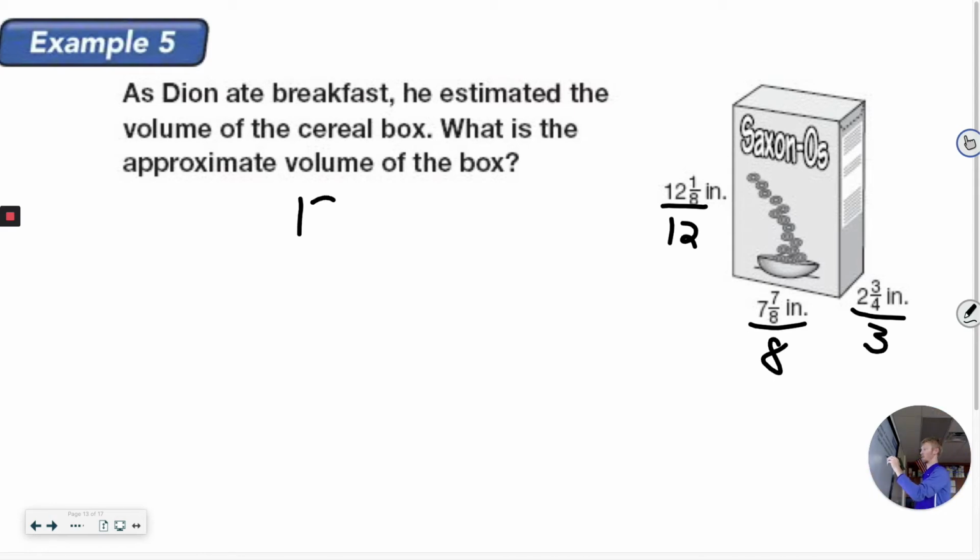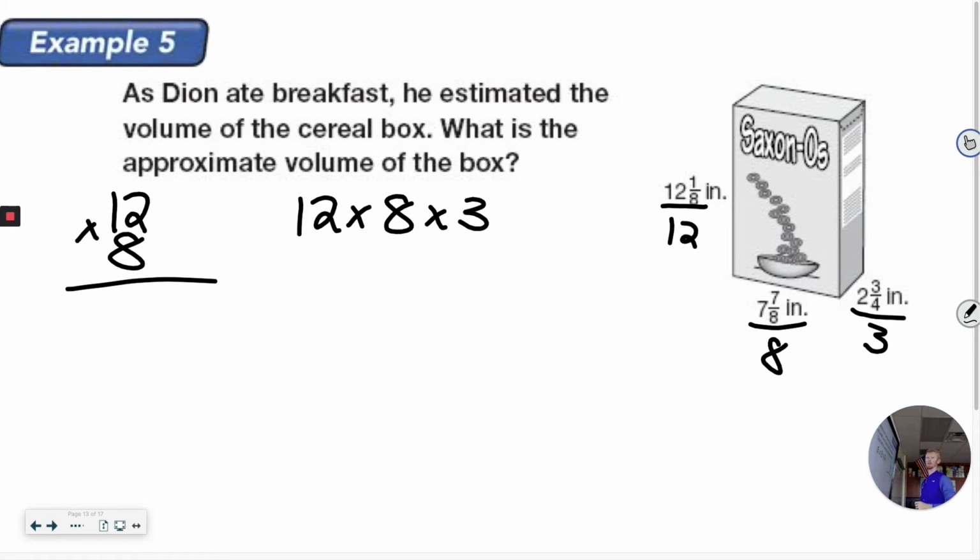So those are my three numbers, and I need to find the volume. I do 12 times 8 times 3. That gives me my volume, length times width times height. So we'll start with 12 times 8. 2 times 8 is 16, and then that becomes a 9. 96. Now I have times 3. So 96 times 3.